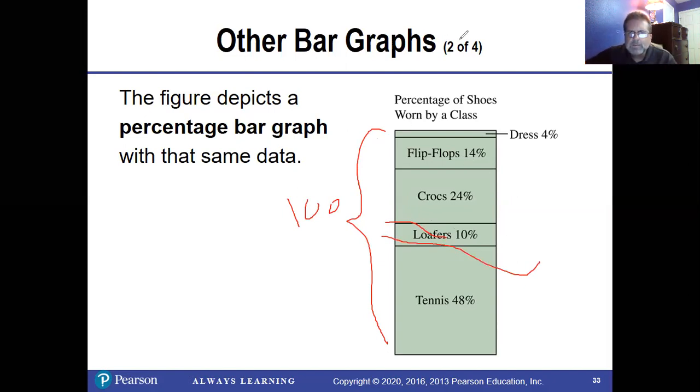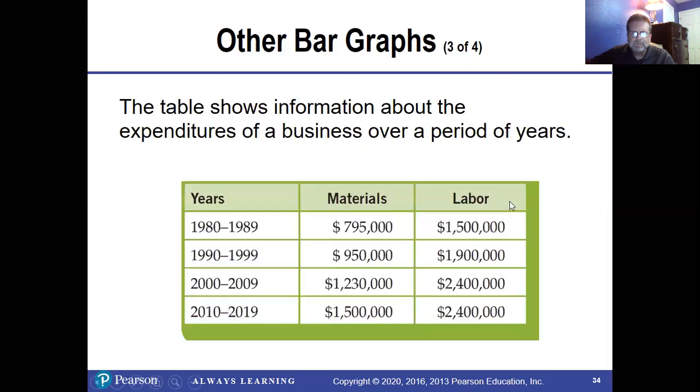Let me see if I can. All right, so halfway has got to be about there, which is a little less than 48% and so forth. So you can kind of guesstimate some of those, and they're not the most accurate thing in the world.